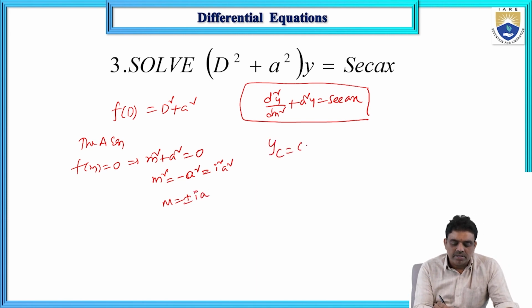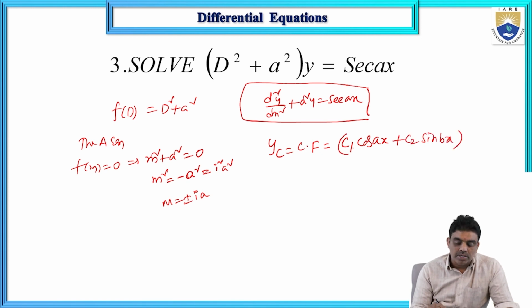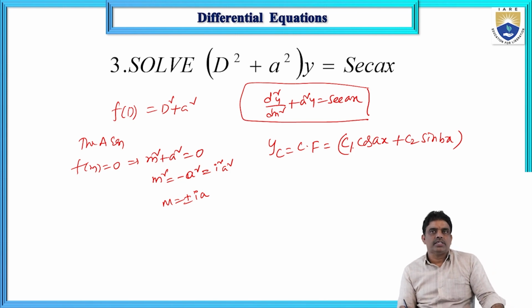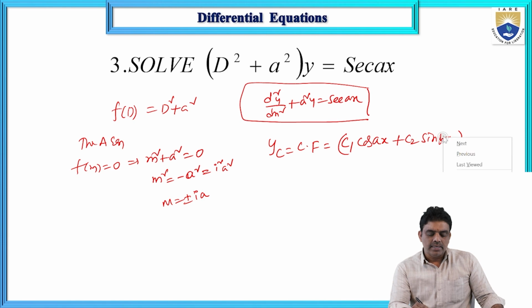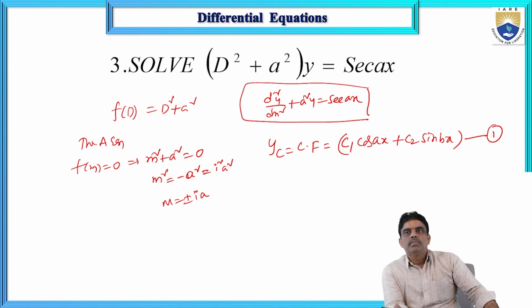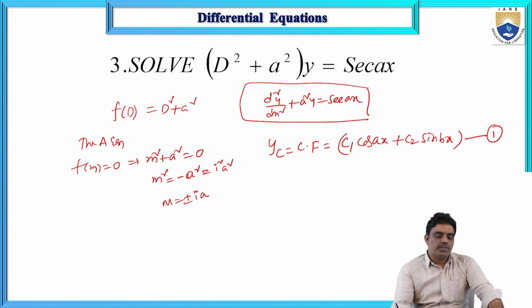The complementary function yc is in the form c1 cos ax plus c2 sin ax times e power 0x, which you can neglect because e power 0x is 1. So yc is c1 cos ax plus c2 sin ax. This is equation number 1, the part 1 solution, the complementary function.